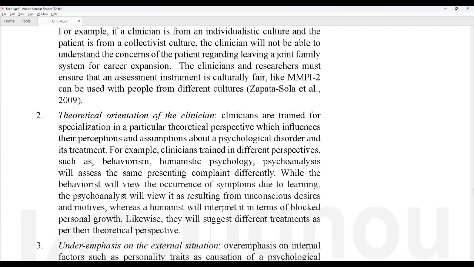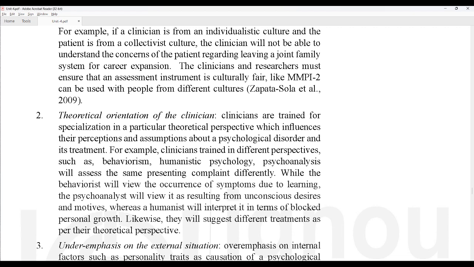2. Theoretical orientation of the clinician. Clinicians are trained for specialization in a particular theoretical perspective which influences their perceptions and assumptions about a psychological disorder and its treatment. For example, clinicians trained in different perspectives, such as behaviorism, humanistic psychology, psychoanalysis will assess the same presenting complaint differently.